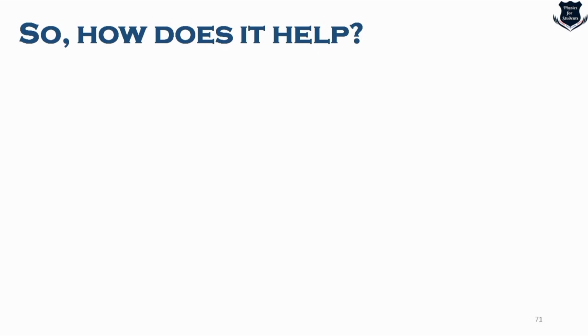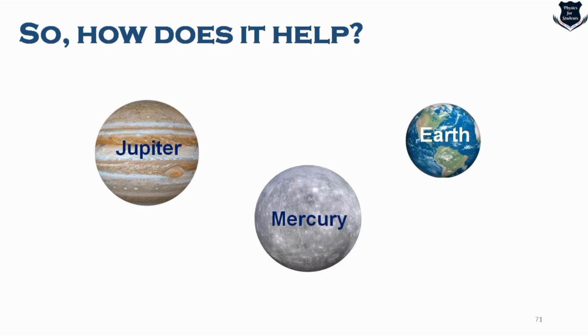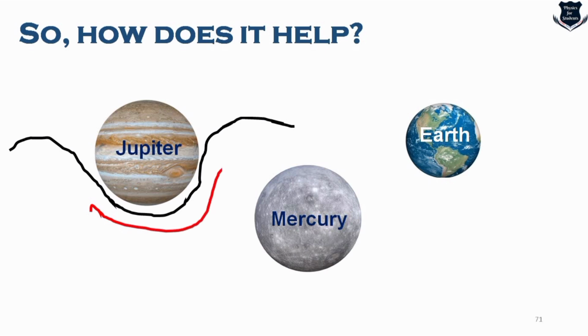So the question is, we learnt about the metric tensor, but how does it help? I mean to say, what will it be used for? So let us take Jupiter, Earth and Mercury. We know that Jupiter is a heavy fat boy, right? And the curvature is more. Here you see the curvature is more.